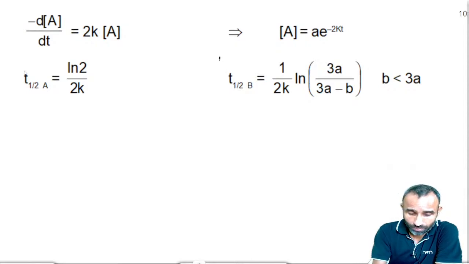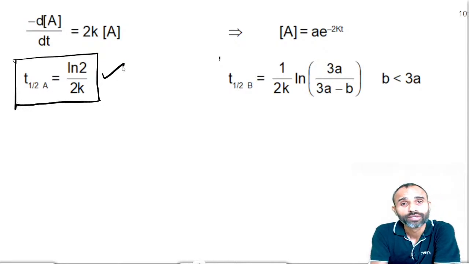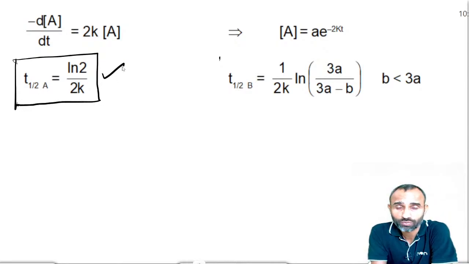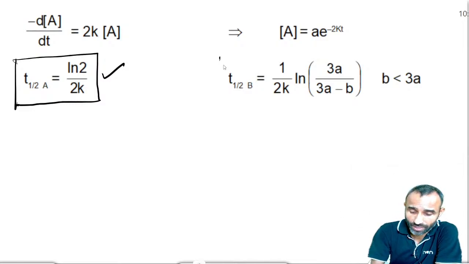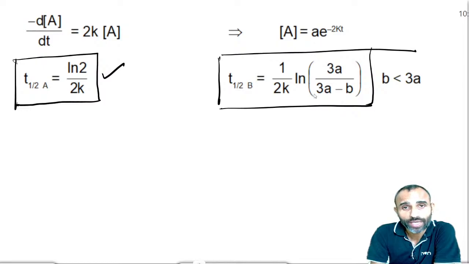Half-life of A is natural log of 2 by 2k. It is simple because it is a first order reaction with respect to A. But for B, it comes out to be 1 by 2k, natural log of 3a by 3a minus b.